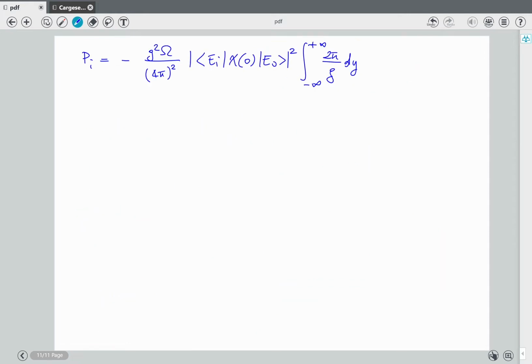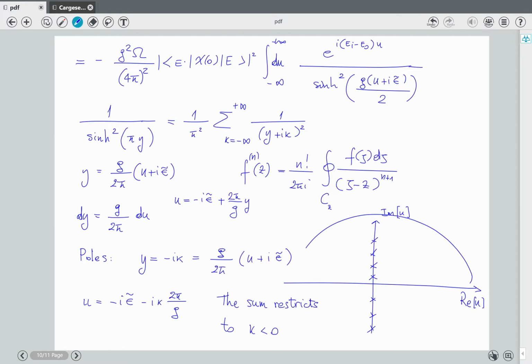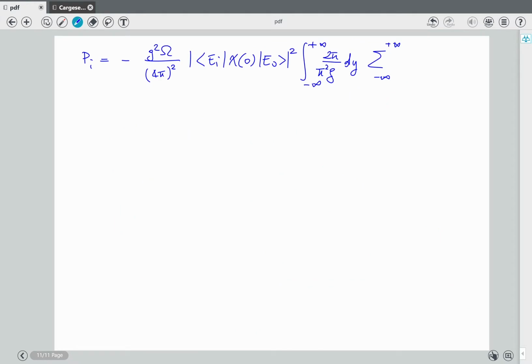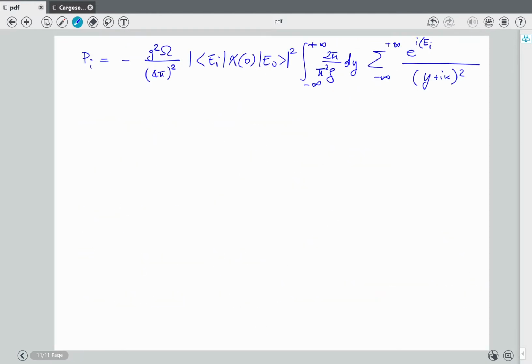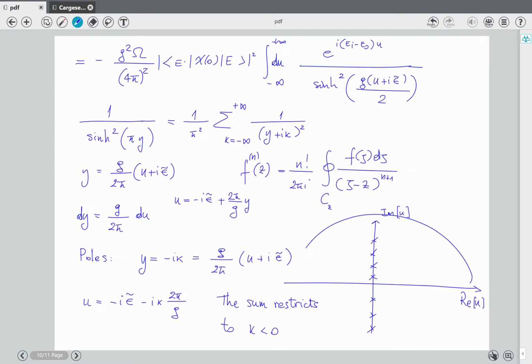So 1 over pi squared, sum from minus infinity to plus infinity, of 1 divided by y plus ik squared, and the exponential e to the i ei minus e0 times u, and that is g times u, and that is 2 pi over g y.